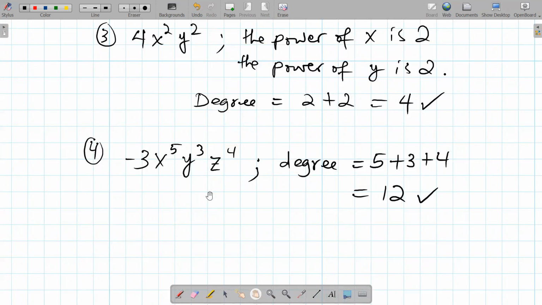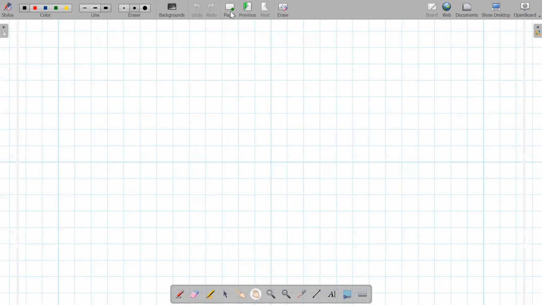So let's go to the next page and let's talk about the degree of a polynomial.